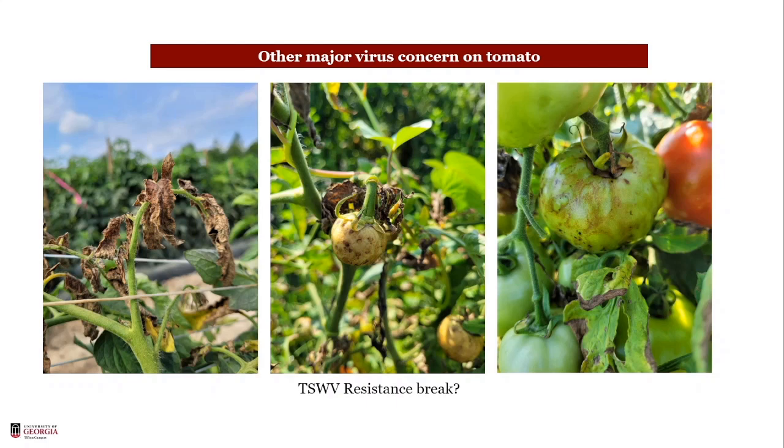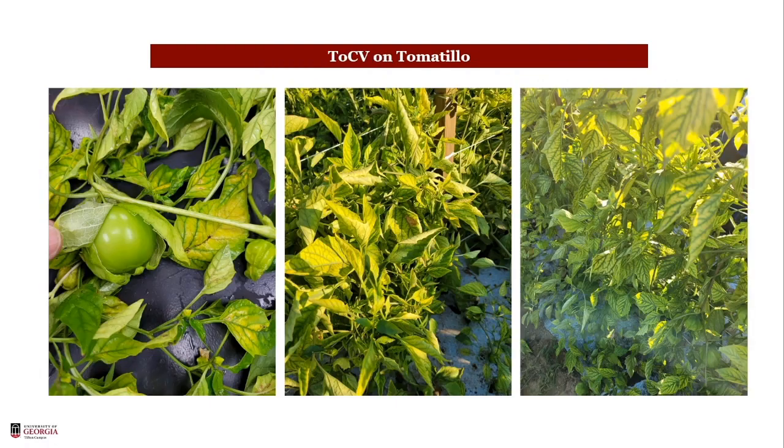So far in Georgia, we are not able to see any resistance break. We do see occasional tomato plants showing symptoms for TSWV, but based on our study, we are not seeing any resistance break in tomato as far as Georgia is concerned.